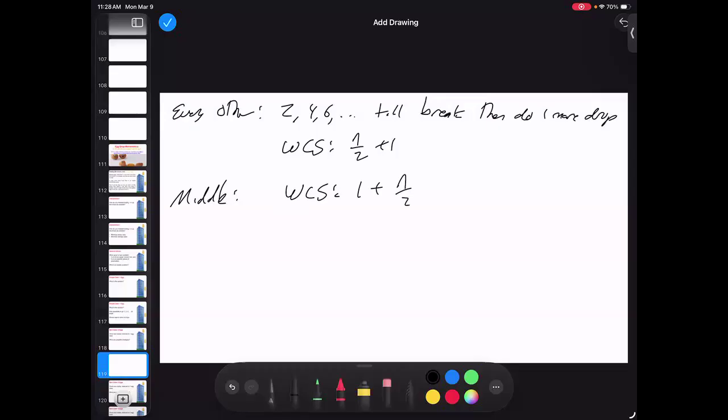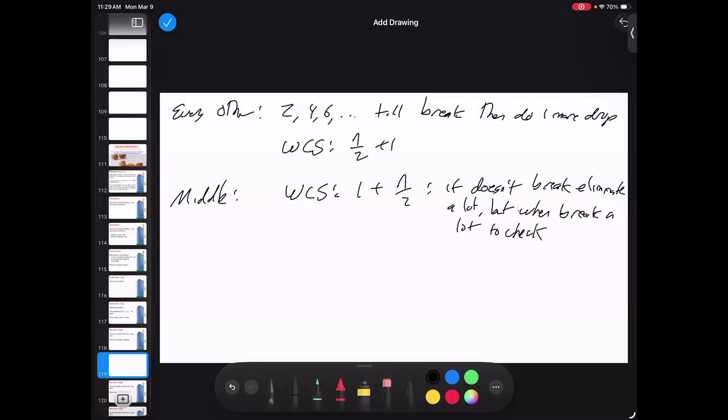Notice they are very opposite. If it doesn't break, you eliminate a lot. But when you break, a lot to check.